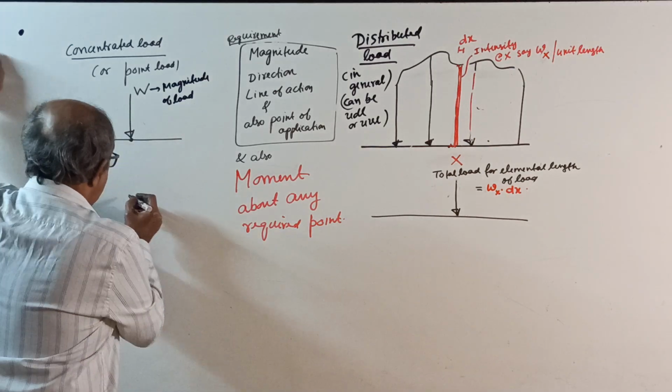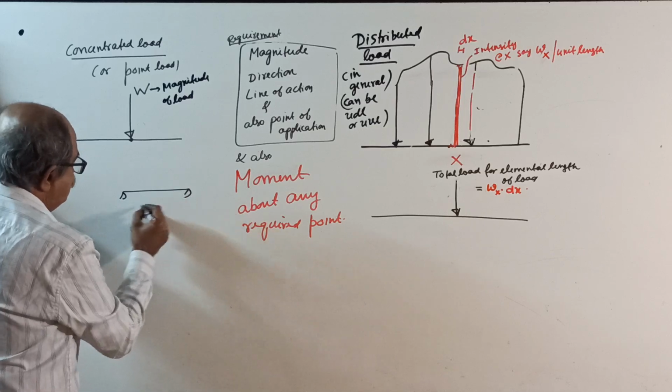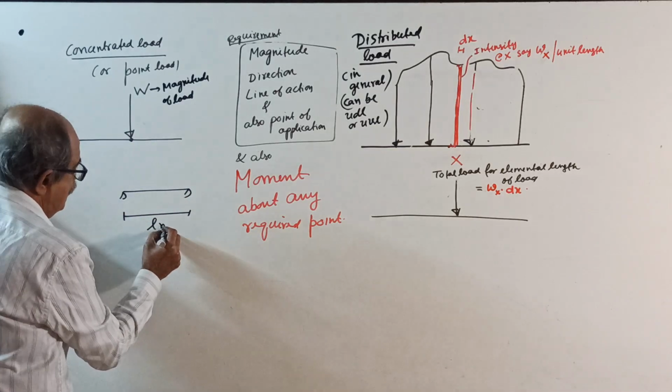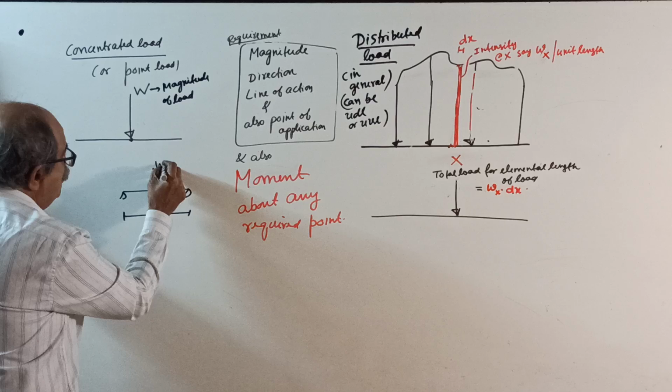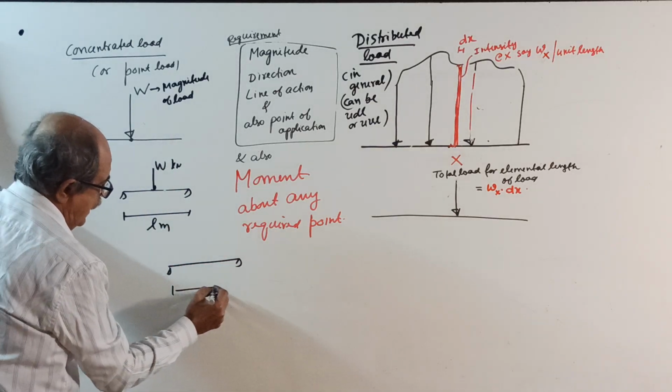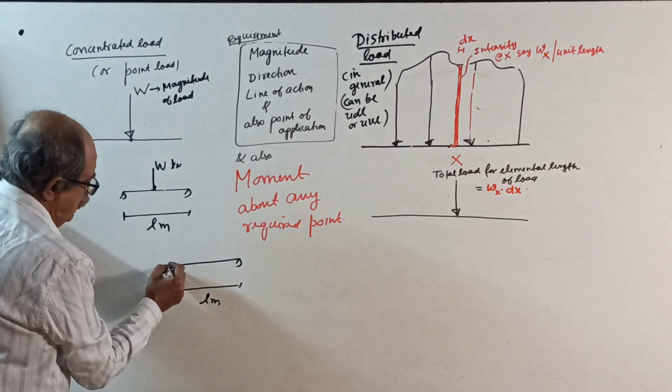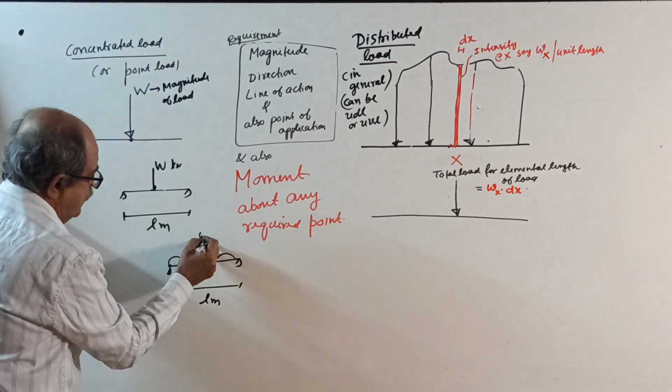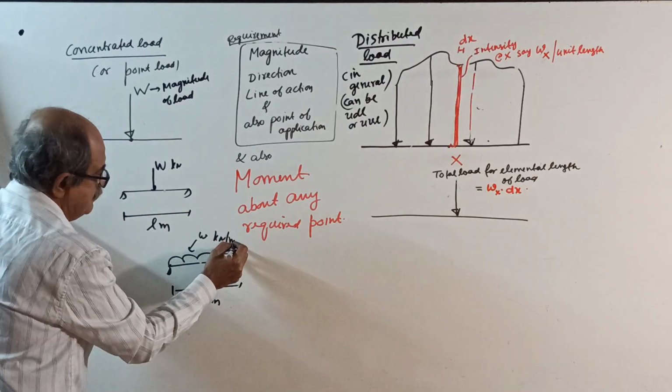They will say a simply supported beam of span L meter loaded by a point load W kilonewton, or a simply supported beam of span L meter loaded by UDL of W kilonewton per meter.